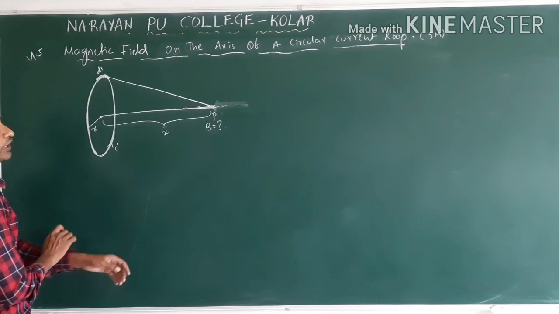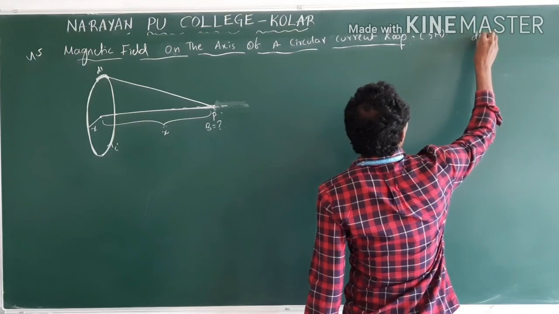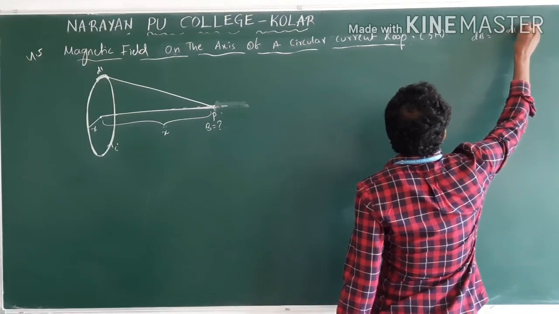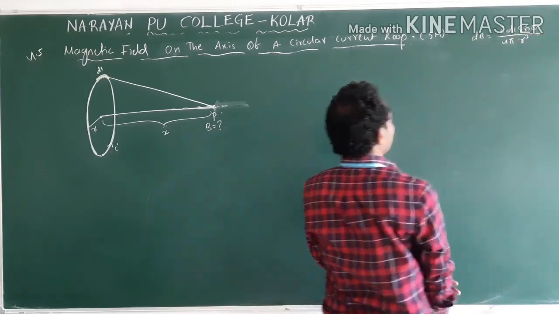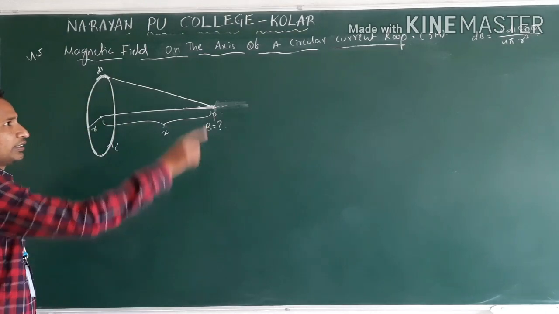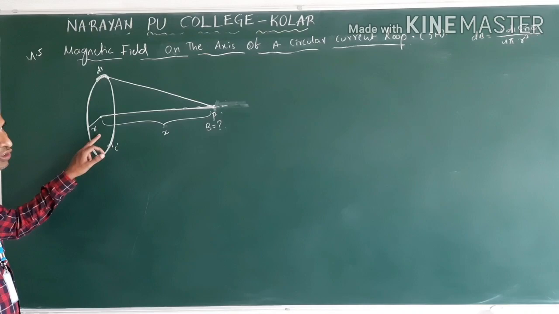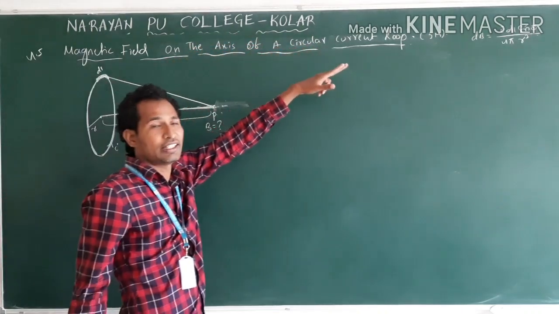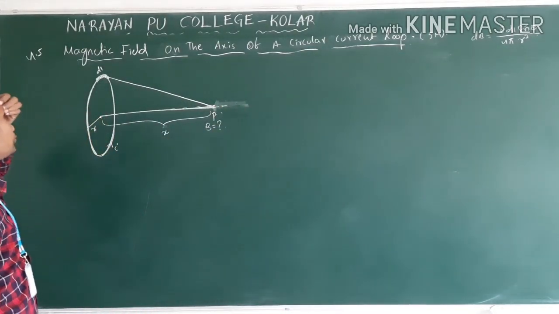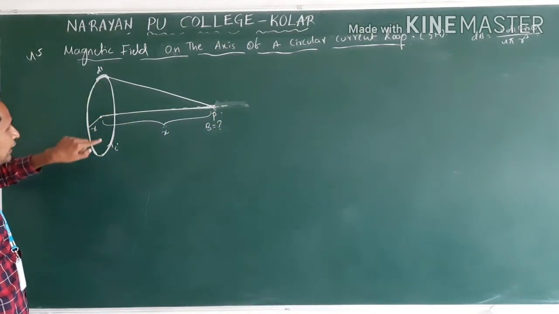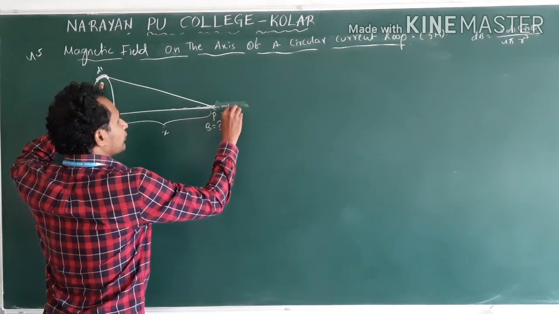Now what is Biot-Savart law? dB is equal to I dl sin theta by 4 pi r square. Clear? In their formula, r is not the same. Here r is the radius of the loop, and there r is the distance between a current element and point P. Okay. Now the small element is constructed, current I is there. Due to this element, this dB.